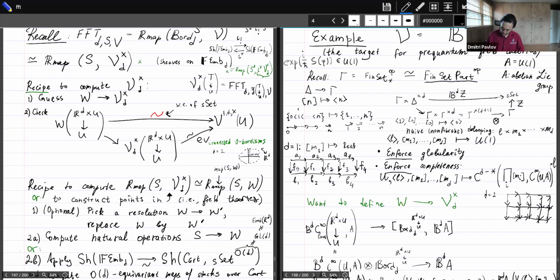And now in each two-dimensional cell, you will see an element of A. Let me call it A11, A12, A13, A21, A22, and so on. And then this data is organized into a groupoid.